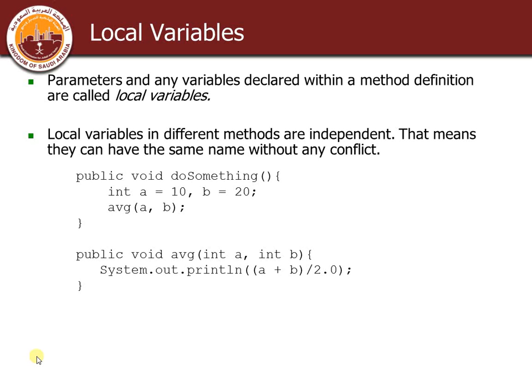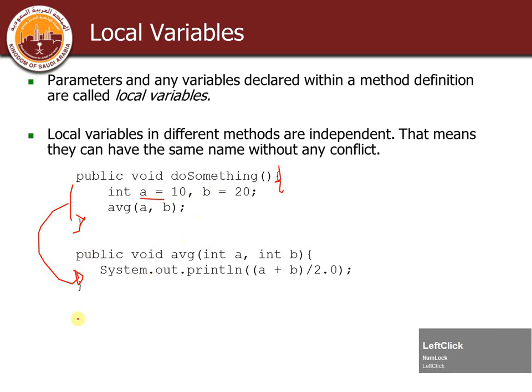Where it is known. The part of the code where your variable is known, this is called the scope of that variable. And if I'm declaring something between those two braces, this is the scope of your variable. So this A and B is known only here. That means outside of this block, those A and B at least are not known. But if I'm declaring some other ones that have the same name, that's allowed. That's no problem.